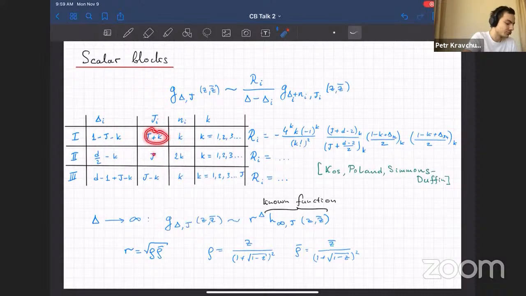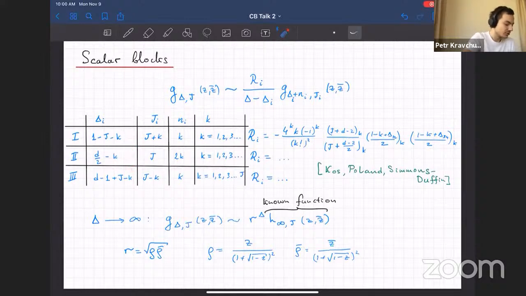Here are some explicit values for j i, which appears on the right-hand side. Then there are explicit values for the delta i at which the poles appear. You can see that this is written in generic dimension d. And what you can check from this table is that if you are in odd dimensions or in any fractional dimensions, then these delta i's never coincide.